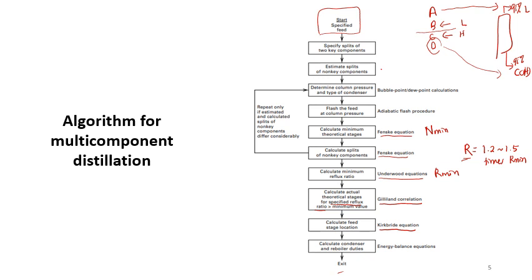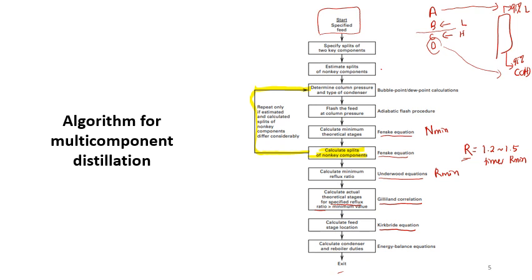Okay, I need to highlight something here. After you have calculated the minimum number of stages, and then you use the Fenske equation again to calculate the splits of non-key components, you have to go back to the step here.